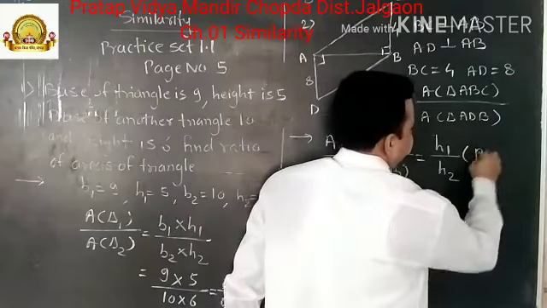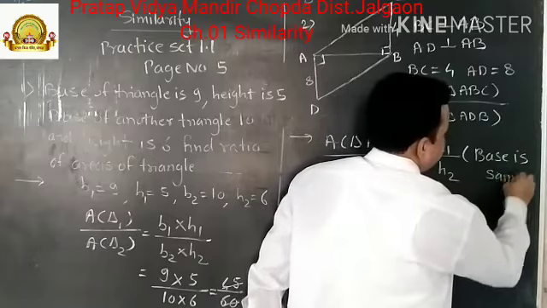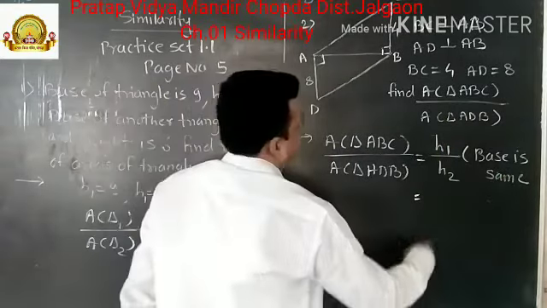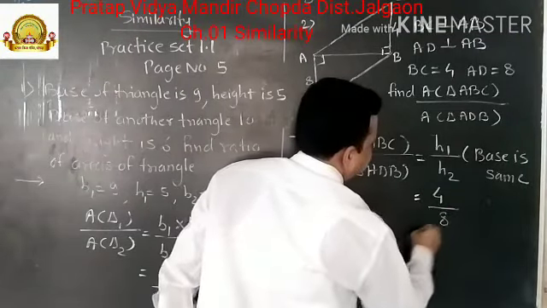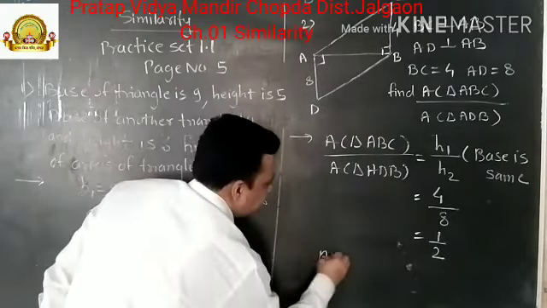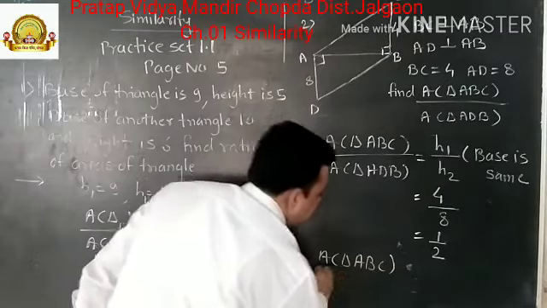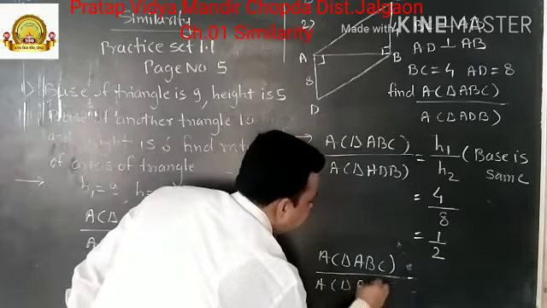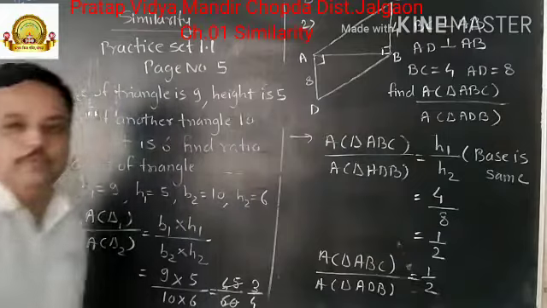Base is same, so we just put the values: 4 upon 8, that is 1 upon 2. It means the ratio of area of triangle ABC upon area of triangle ADB is equal to 1 upon 2.